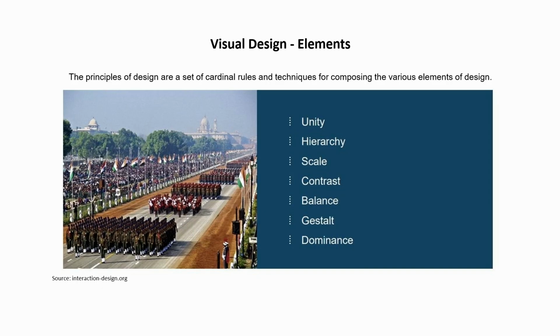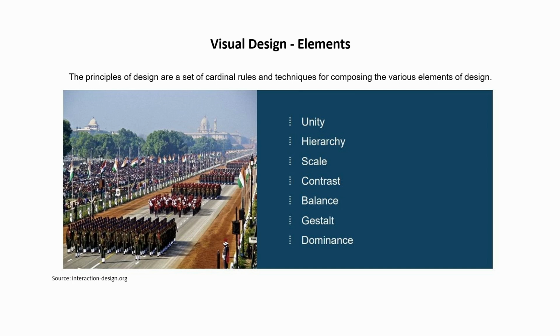The principles of design are usually a set of cardinal rules and techniques for composing the various elements of the design, right? One example is during a parade close to the Rashtrapati Bhavan, on either Independence Day or Republic Day, you have a certain order which is maintained. That is basically maintained by a set of principles, right?